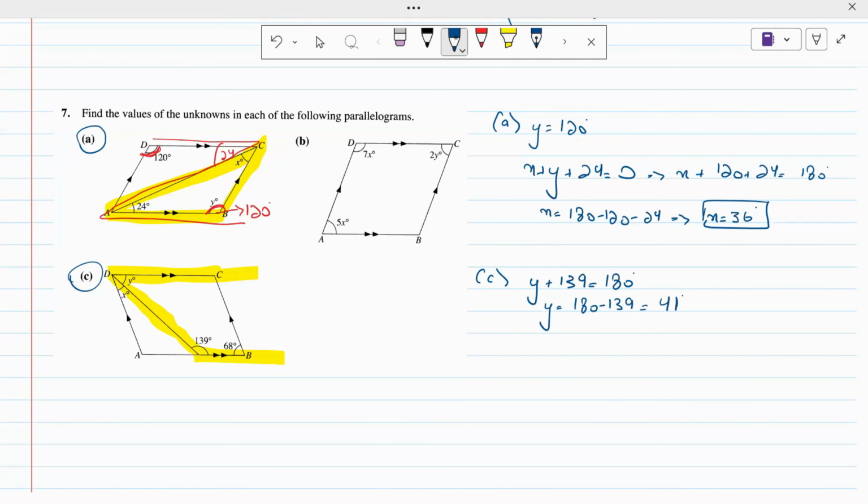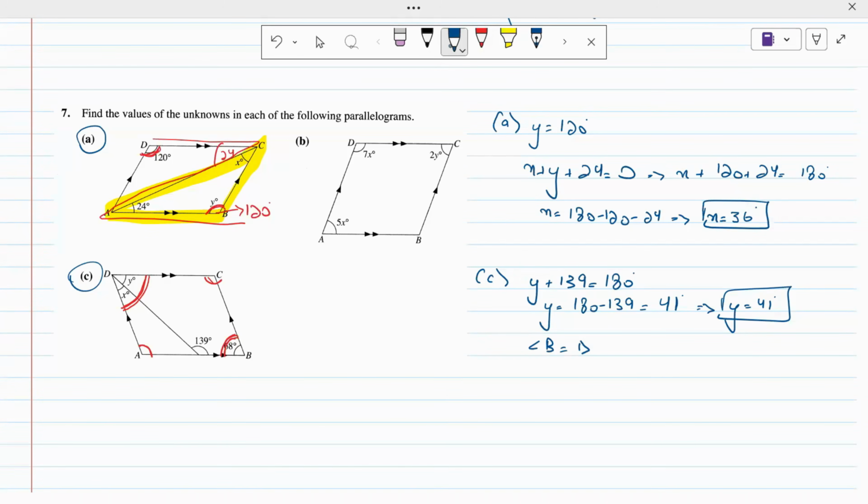Okay, thank you. So y is equal to 41. And then another property we can apply here is, as I said earlier, in a parallelogram the opposite angles are equal. Opposite angles equal means this A and this C are equal, and this B is equal to this D as a whole. So we make the equation as angle B is equal to angle D as a whole.